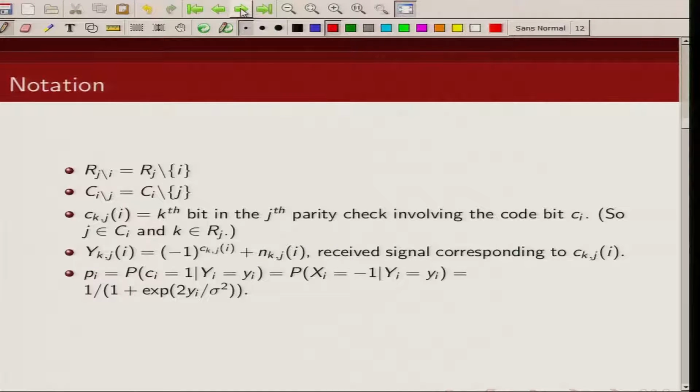Now, for an AWGN channel, we can compute this probability that Ci is 1 given Yi. This can be given by this expression. And we denote by Pkj the probability that Ckj is 1 given a received sequence Ykj.